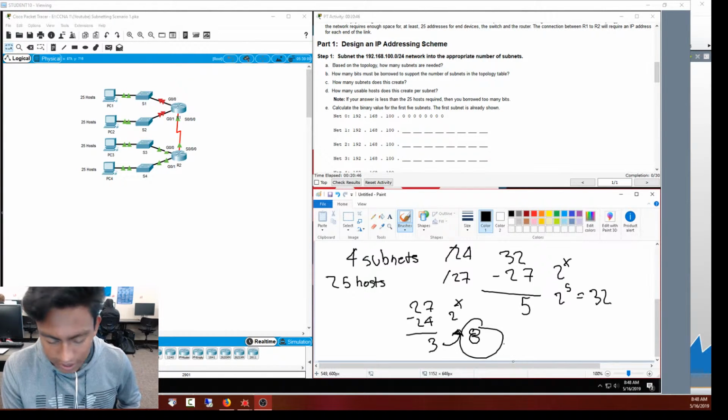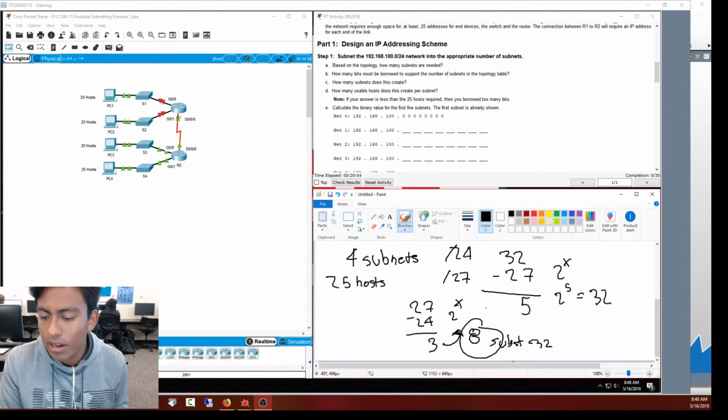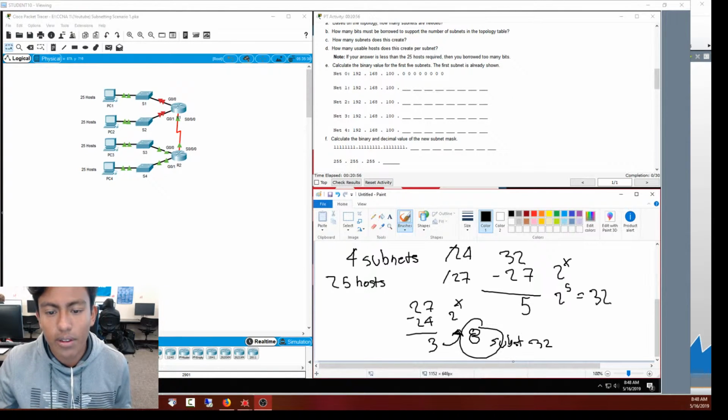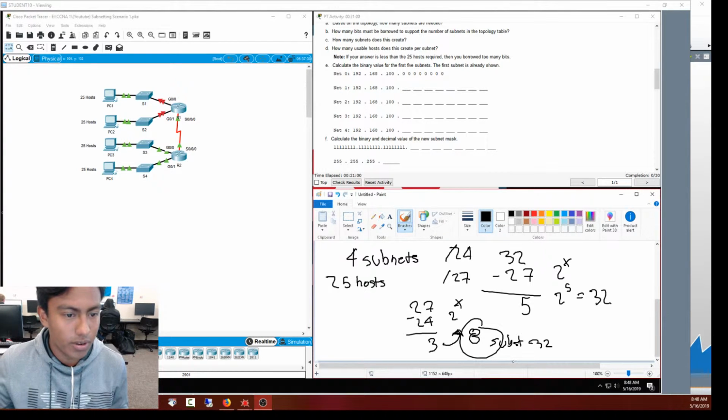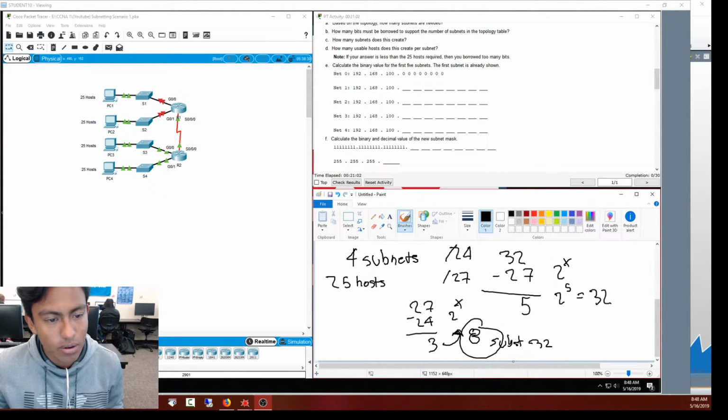So we're going to have 8 different subnets in total, each with 32 hosts, and that's more than enough for the 4 different subnets that we need, which would be Gigabit Ethernet 0/0 for Router 1, Gigabit Ethernet 0/1 for Router 1 as well, and the same thing for Router 2.